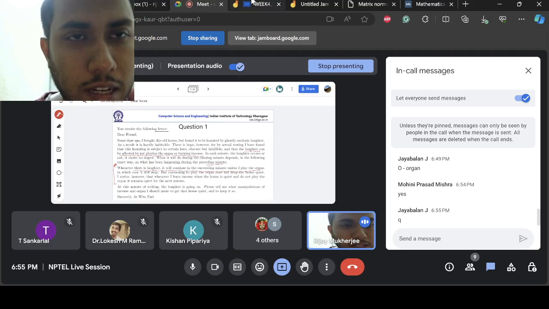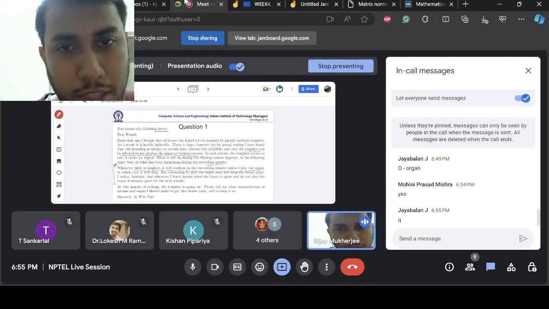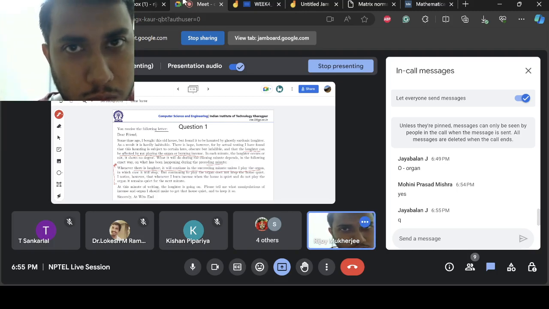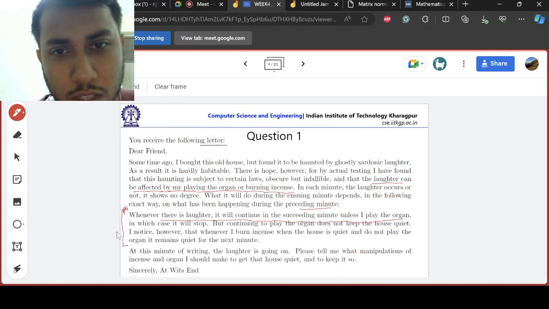It is not playing the organ, so not Q. See, it makes the jump whenever there is laughter.